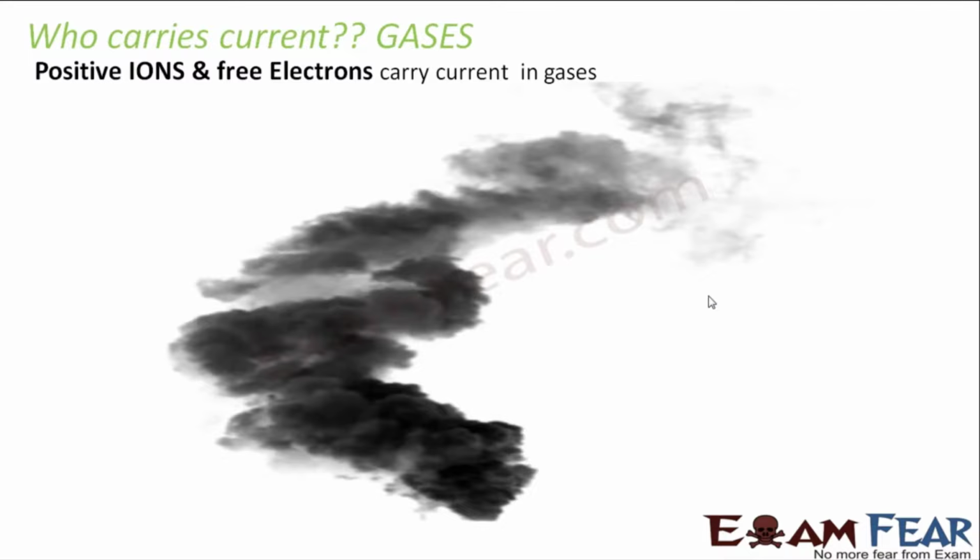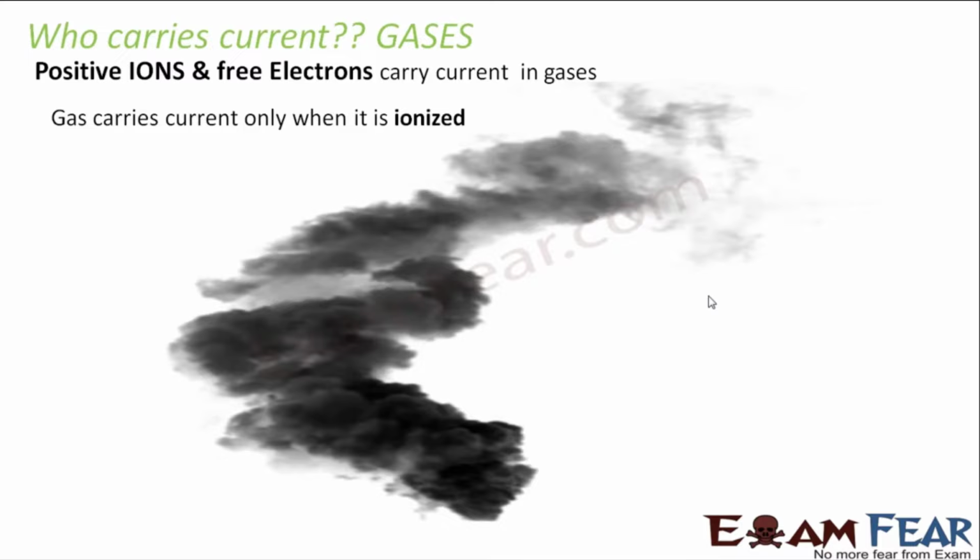Now let us consider gases. What happens in case of gases? In gases also, positive ions as well as free electrons carry current. That means it is the combination of both solids and liquids. Here we have free electrons also. At the same time, there are some positive ions as well which carry current in gases.